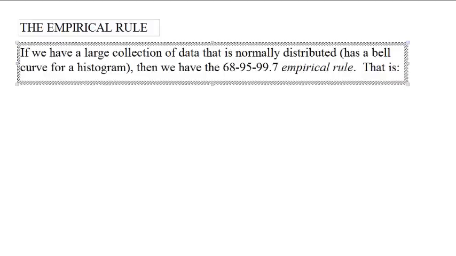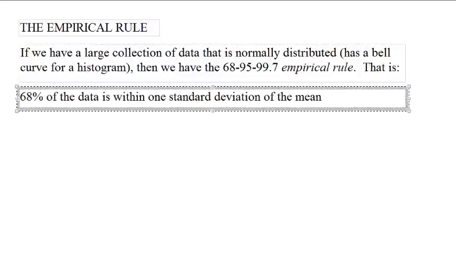If we have a large collection of data that is normally distributed, that is, if you made a histogram, it would be one of those tall in the middle, skinny on the outsides, bell-shaped curves, then we have the 68, 95, 99.7 empirical rule.